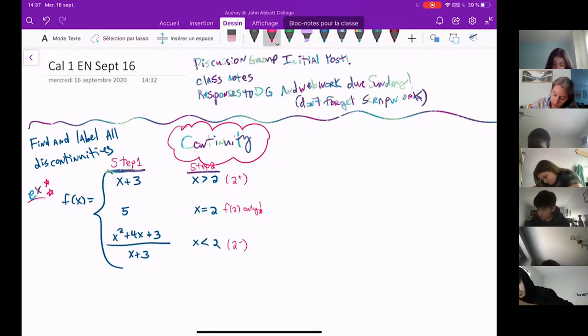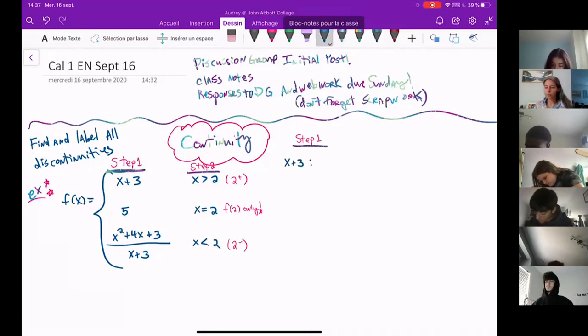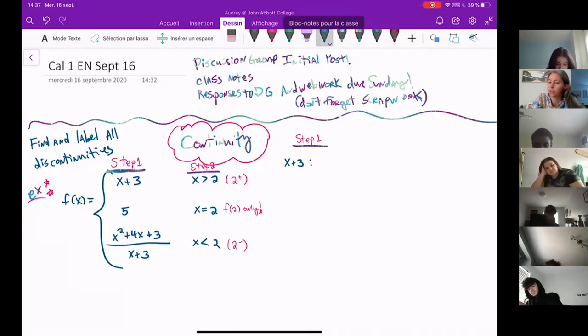So we're going to start with our step 1 here, where I want to look at each of my separate functions. What we saw is that what we're looking for is division by 0 or a negative under the square root. Is there any division by 0 here? Is it possible to have an x value that would cause division by 0? No, there's no fraction, there's no denominator, there's no x I could plug in that would cause a 0 in a denominator that's not even there.